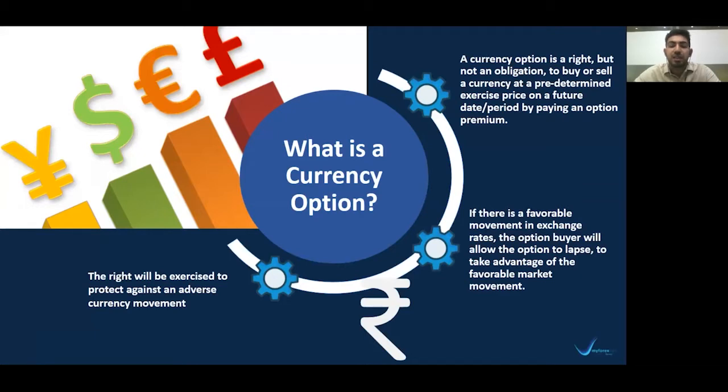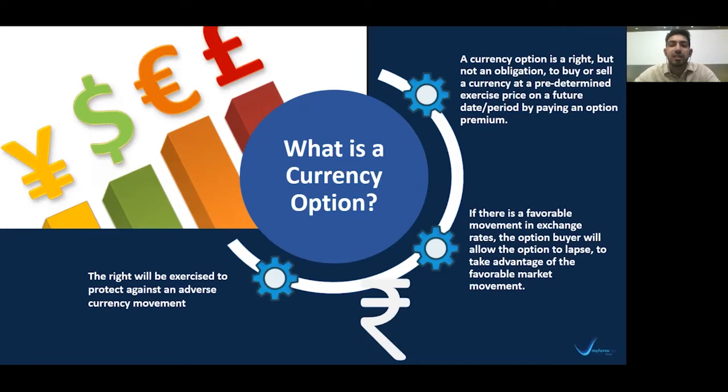Now a company does a currency option because it does not know where the exchange rate will be in the future when it might have to pay or receive foreign currency. So they enter an option contract by paying an option premium, and they may choose to exercise this option or not exercise this option depending upon the market conditions at the time of maturity.